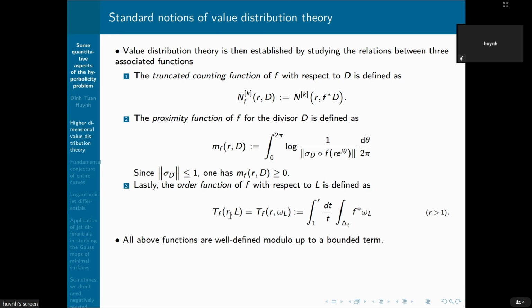And lastly, we define the order function of f with respect to the line bundle L as the logarithmic average of the integral over the disk of the pullback of the form omega_L by f, and it turns out that the definition is verified up to a bounded term.